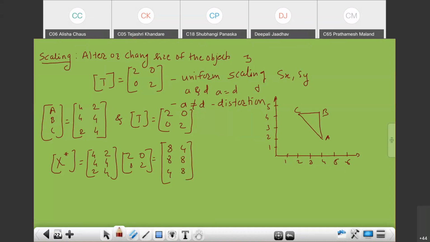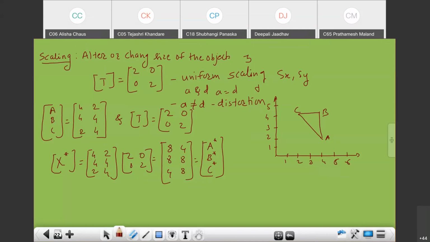That is our new triangle A star, B star, C star. So the result is a new triangle A star, B star, C star, which is a uniform scaling, the same shape as the previous, and the uniform scaling doubles the size of the previous triangle.